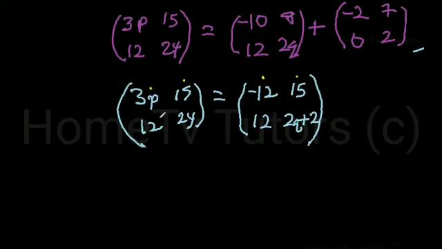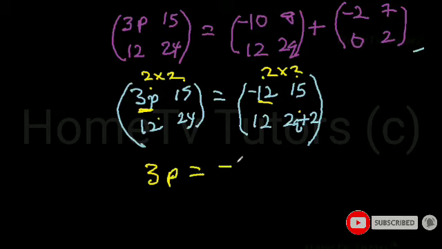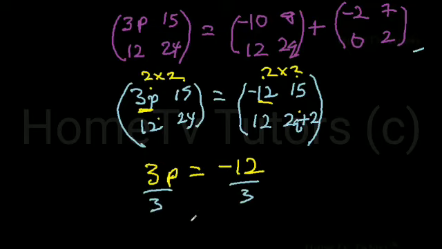Since the two matrices are equal if they have the same order and their corresponding elements are equal, the corresponding element of the one on the right should be equal to the one on the left. So we have 3p should be equal to -12. Now if we divide both sides by 3, we have p equals -12 over 3, which gives us p equal to -4.